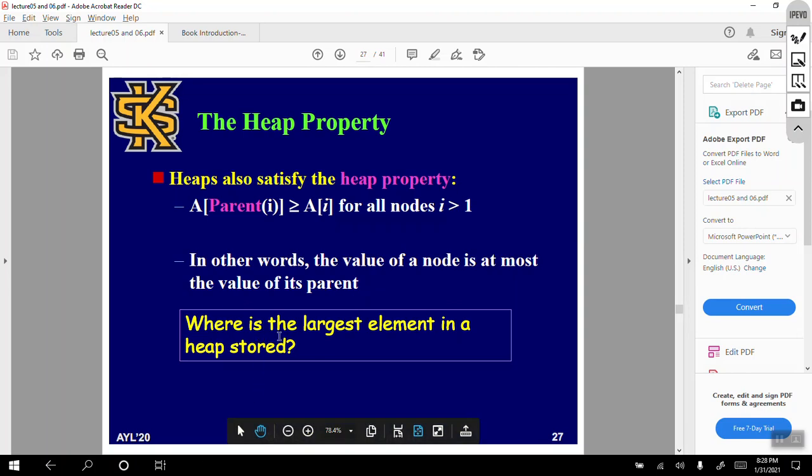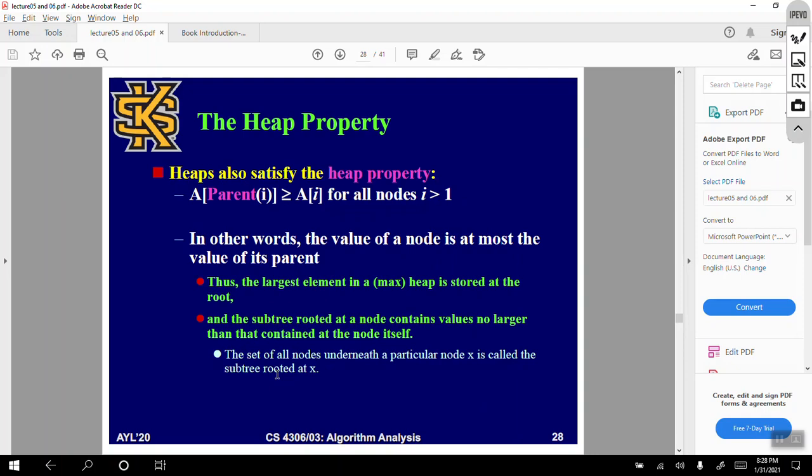So now the question is: what is the largest element in a heap, sorted? We're coming to that question soon, okay. So that means in a heap, the parent element is greater or equal to its child elements, right?